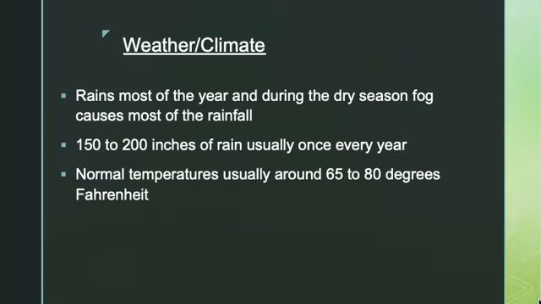The weather and climate. Wet seasons in the tropical rainforest last for approximately 6 months, starting from December to May. Sometimes there is more than 150 to 200 inches of rain once a year, depending on the location and climate change factors.